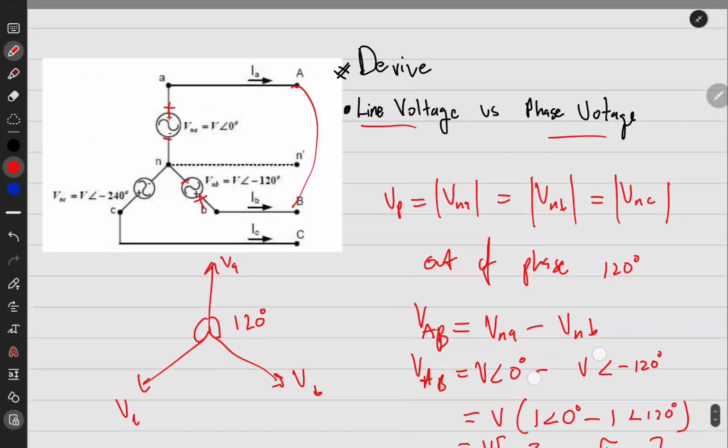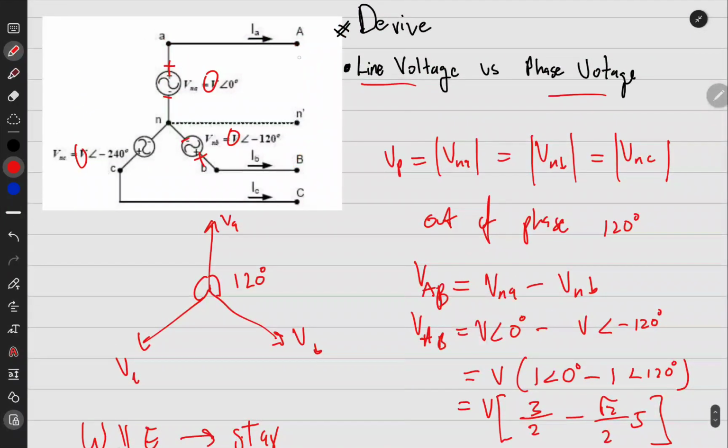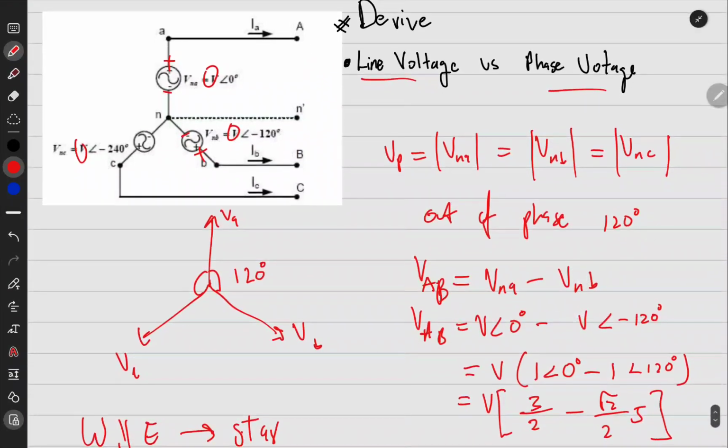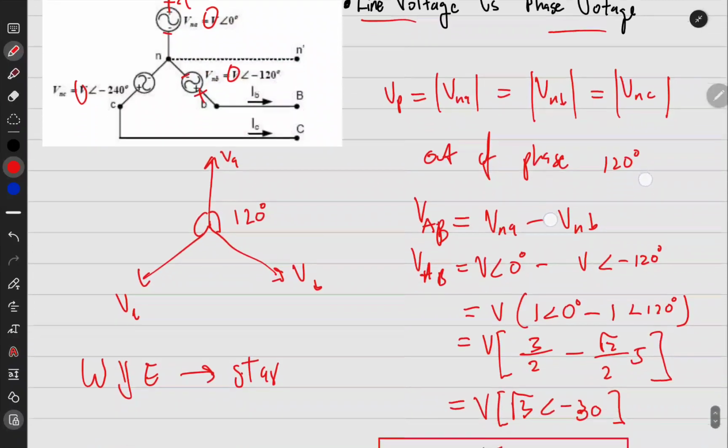Look at where we started with deriving line voltage versus phase voltage. We noticed that all the magnitudes are the same, but they're out of phase by 120 degrees. If I want a voltage here, I'll have to take this voltage minus this one, because I'm trying to go in this direction, so that's why I'm negating that one.